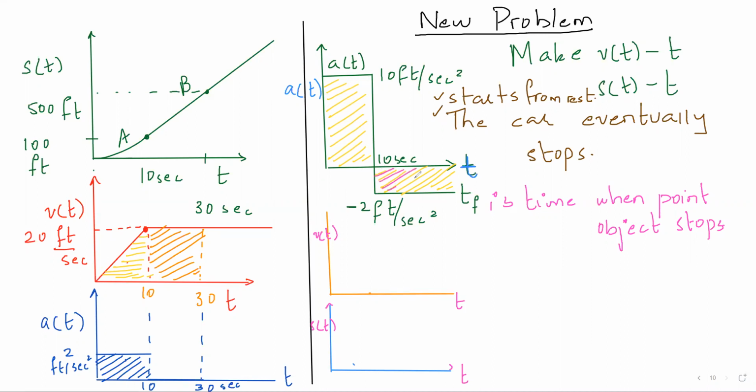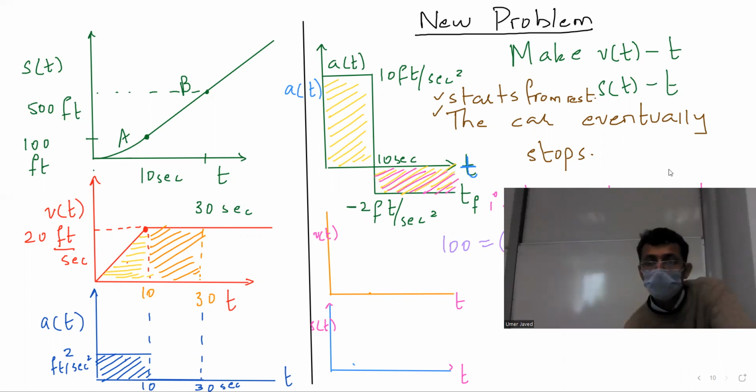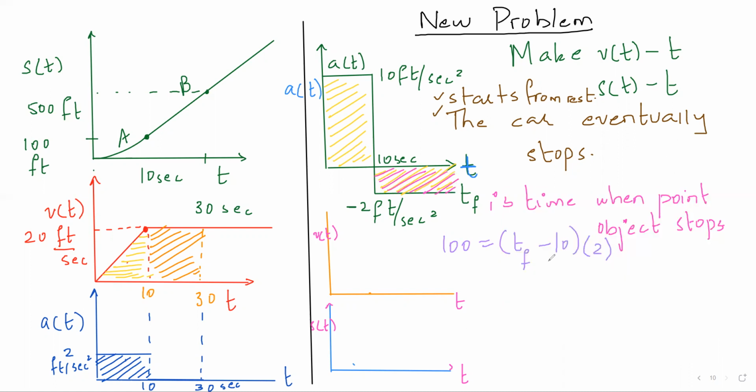And this area under the rectangle will also be 100. So I think the strategy goes like this. 100 equal to, you start from 10, TF minus 10 multiplied by this height, which is 2. 50 equal to, so it is 50 plus 10 equal to TF, right?